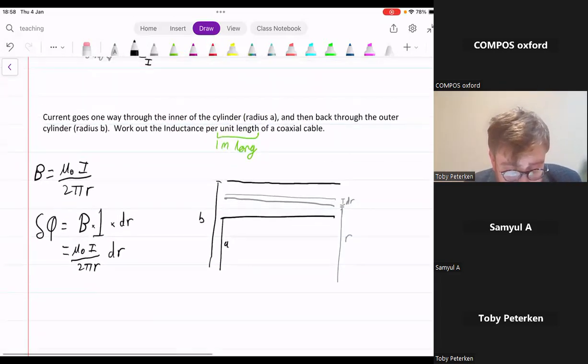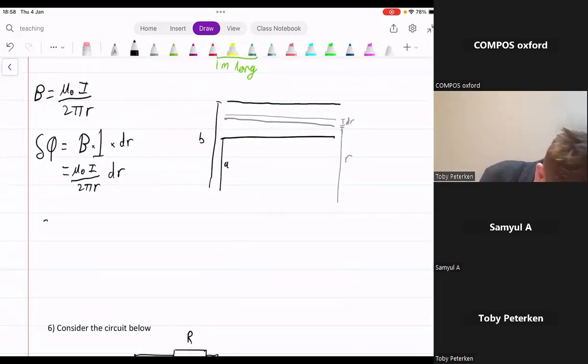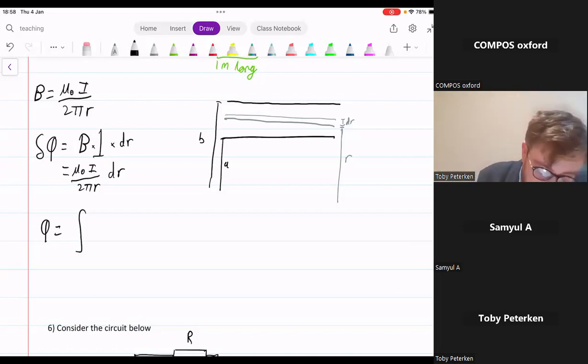Okay, so therefore the total flux through this whole purple surface is equal to the integral. Remember, we're adding up lots of little strips, and adding up lots of very small strips is an integral. So we integrate. Now, what's the smallest value?